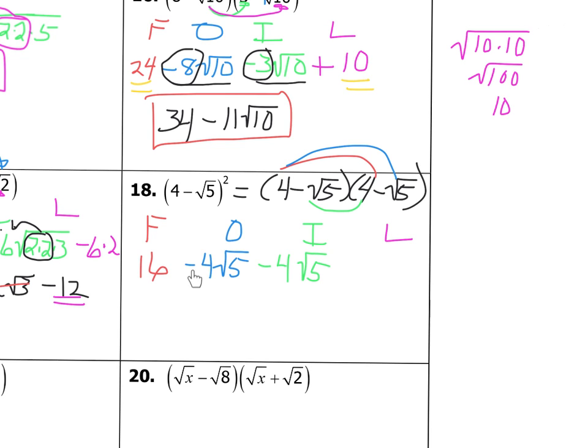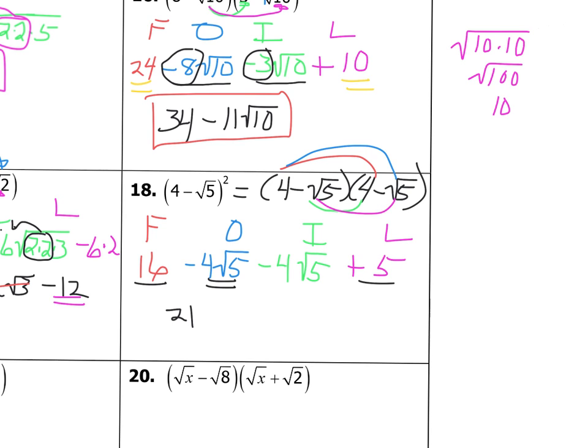Notice how these do not have opposite signs. They don't cancel out. And then finally for our last, we're going to have a negative times a negative, which is a positive, and rad 5 times rad 5, its times itself, is just the number under the radical, which is 5. So we get to combine our constants. 16 and a positive 5 is going to give you 21.